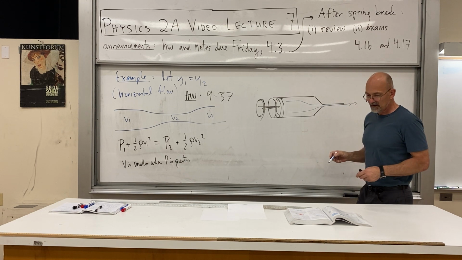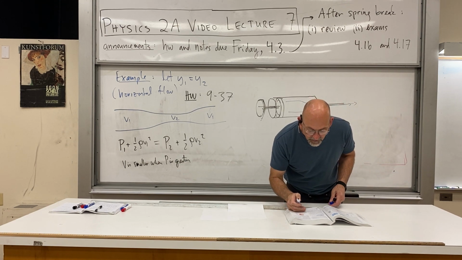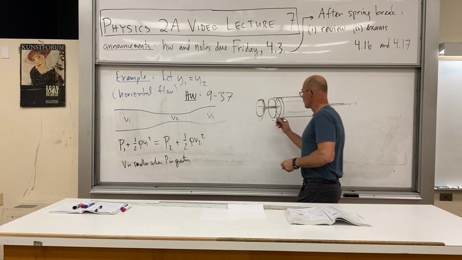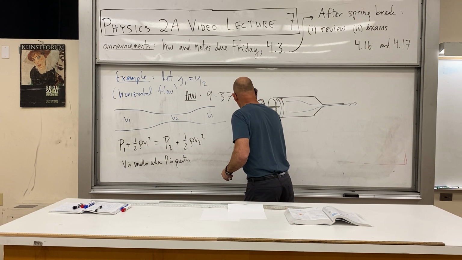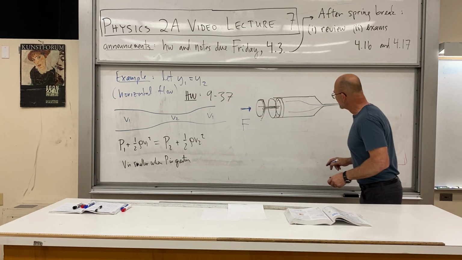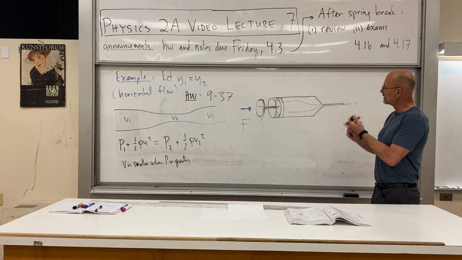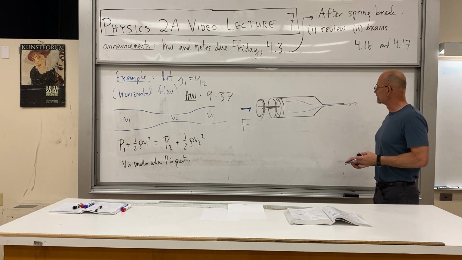Now, the interesting thing about the fluid that shoots out, the syringe is horizontal. So you'll have to decide, there's a force pressing on this side, okay, F, and it's labeled. You'll have to decide if you're using continuity, Bernoulli, or both, okay?